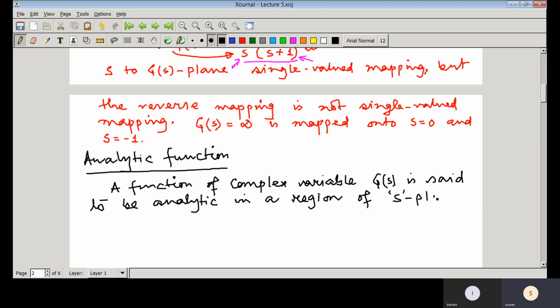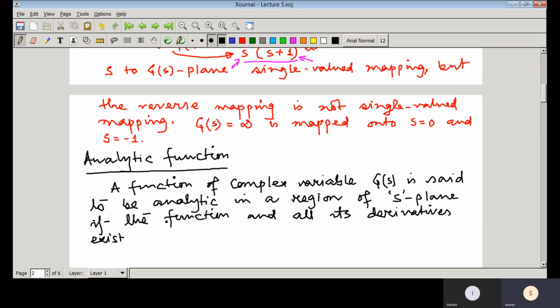So S plane, that is that complex plane, if the function and all its derivatives exist in the region.